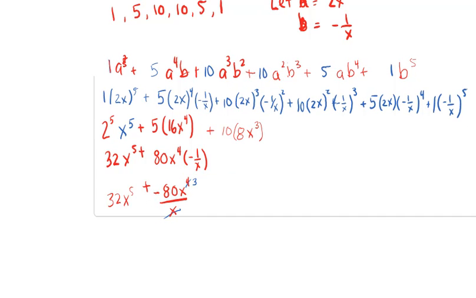I'll do another term just so we're careful. So in this next one, we have 8, so that's 2 times 2 is 4 times 2 is 8, x cubed times 10, but remembering we still have basically negative 1 over x all squared. So that number, a negative times a negative, gives us a positive.